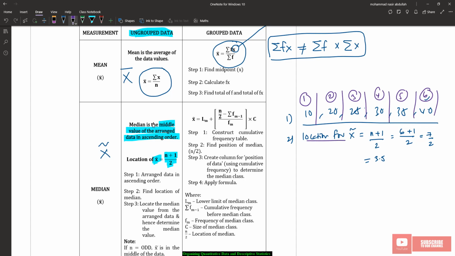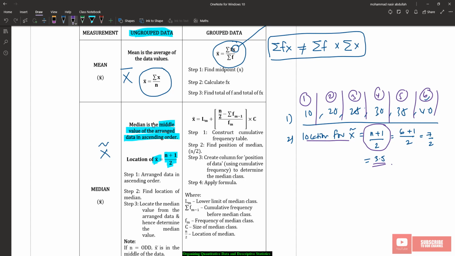So this is the location of median by using n plus 1 divided by 2. You will get 3.5. So 3.5 means that the median is in position 3.5. Looking here, this is position number 1, 2, 3, 4.